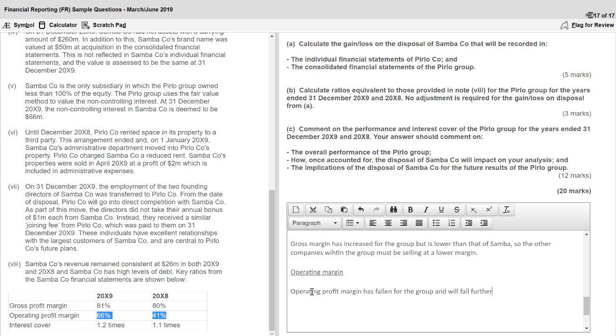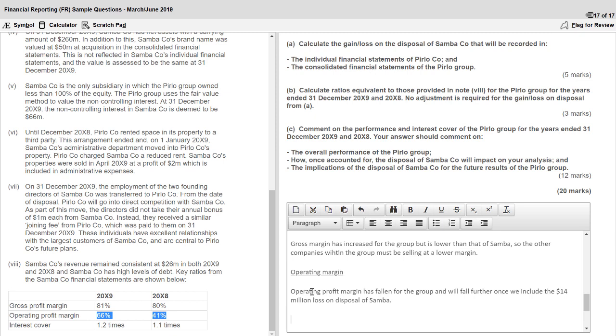And will fall further once we include the 14 million loss on disposal of Samba. Okay. And we haven't included those results, and if we include that 14 million, that's going to reduce our profits and therefore reduce the margin. Okay.